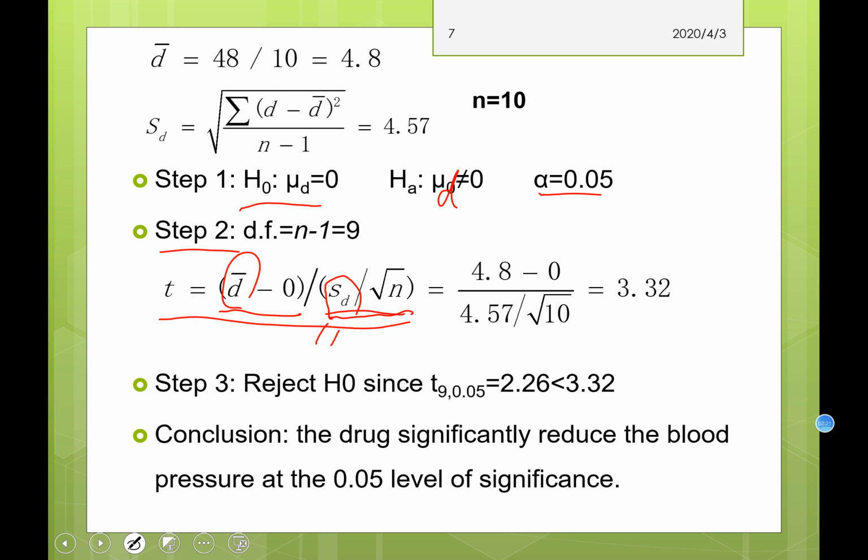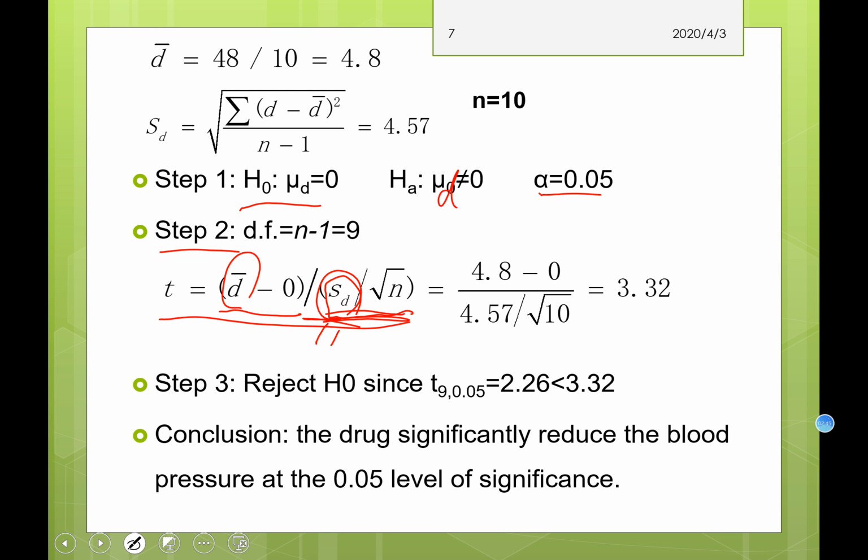SD equals SD over square root n, where SD means the standard deviation of difference. So this part is SD over square root n.